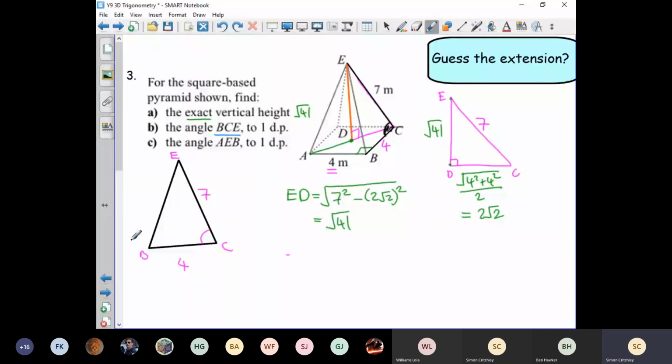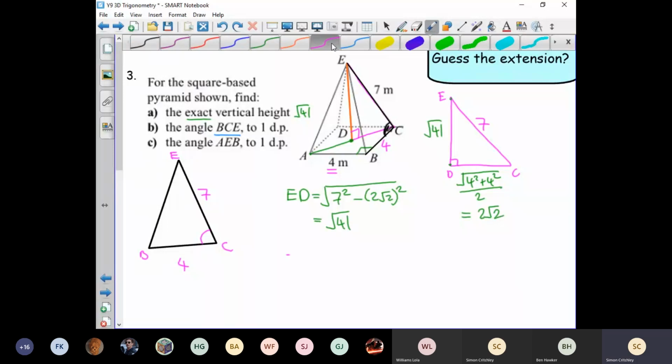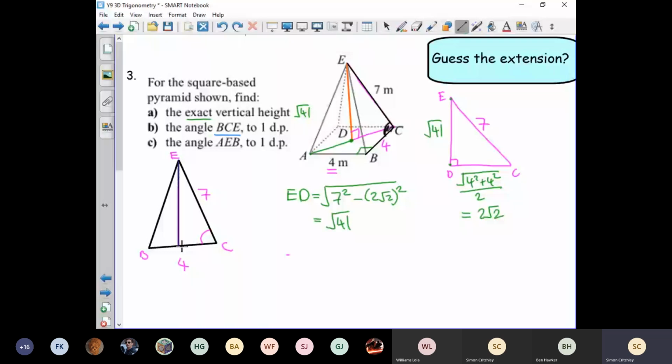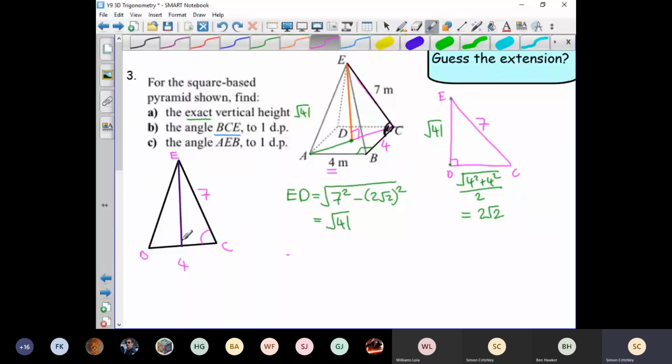You know, in isosceles triangles, the angles at the bottom are the same on both sides. Yeah. So we have a bit more information than they've given us. Lovely. So what should we go for? We maybe can also figure out what half of the E is if we split the angle in half. So we have a 2 and then a 7 as the hypotenuse.